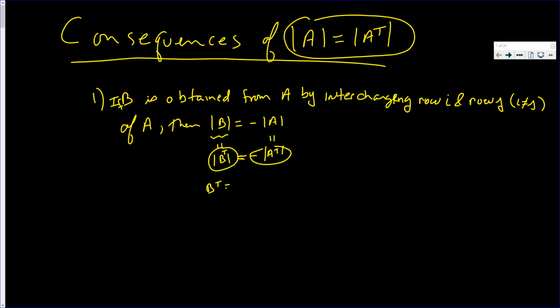That is, B transpose is equal to negative A transpose. Well, if B was obtained from A by interchanging rows I and J, then B transpose is obtained from A transpose by interchanging columns I and J of matrix A transpose.